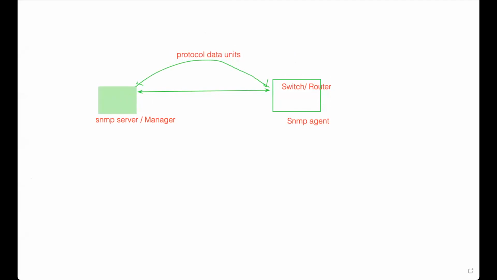So basically, let's see the messages between them. How do these two talk, and what are the types of messages between them? So initially, first the SNMP manager will send a GET request. And then the SNMP router will send GET response.